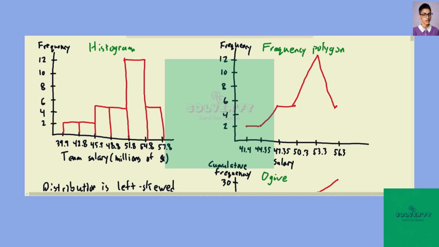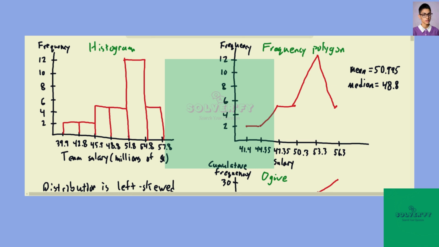One thing that's a little unusual for this data set: our mean, the average, was just about 51, and the median is 48.8.